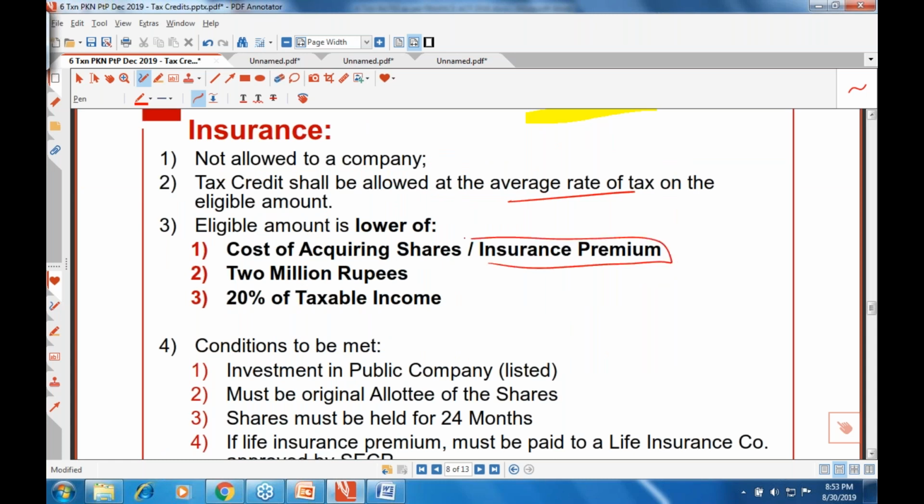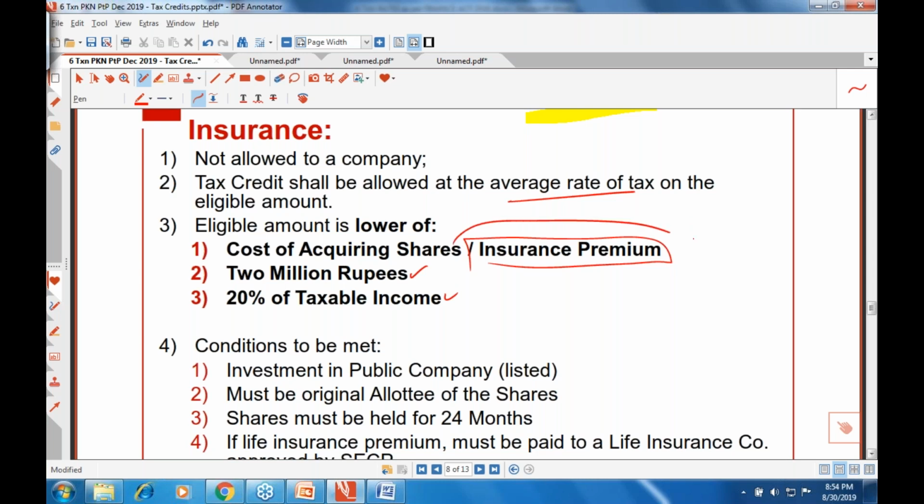I'll talk about the insurance premium, just wait for a while. I'm just talking about the investment in shares for the time being, then I'm going to talk about the other things. For the time being, the eligible amount is the cost of acquiring the shares, or 2 million rupees, or 20% of taxable income.